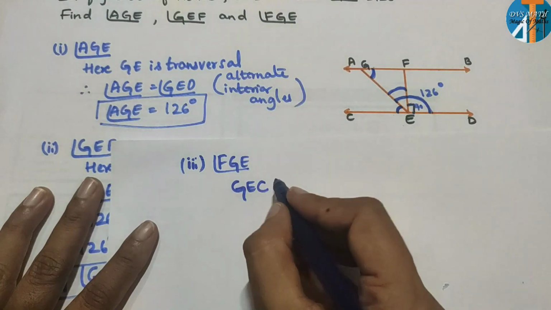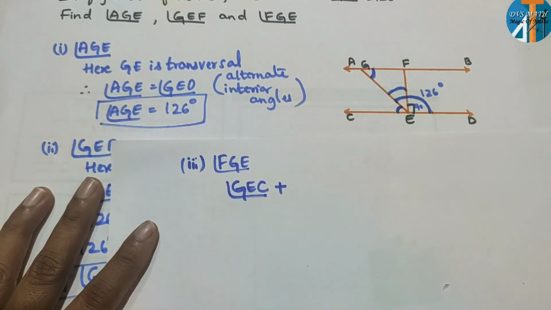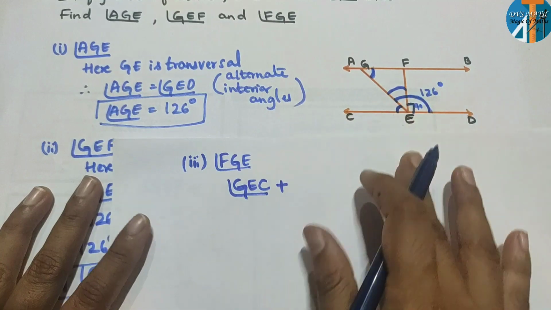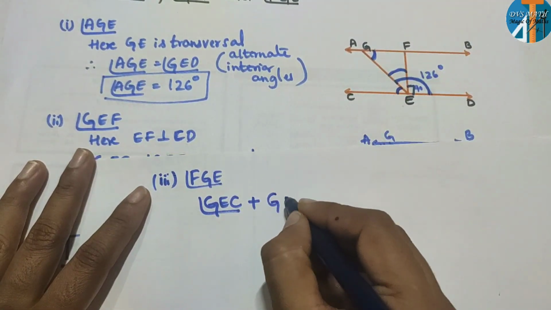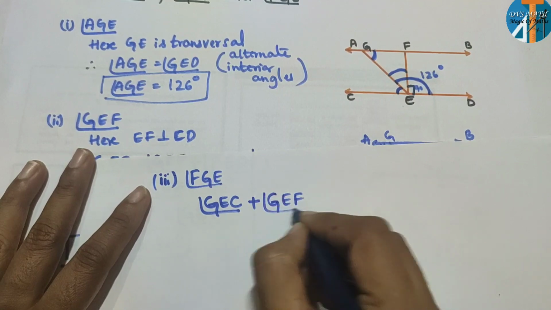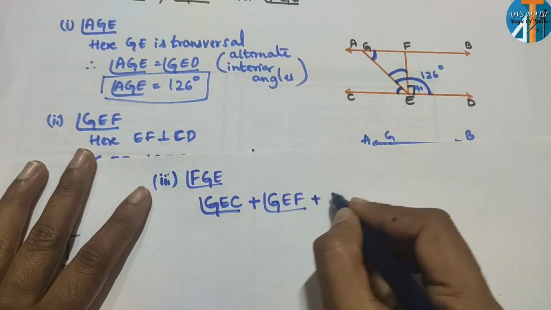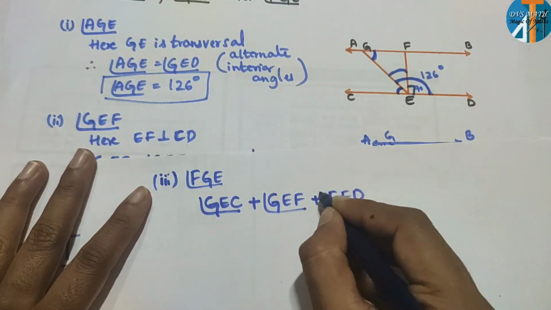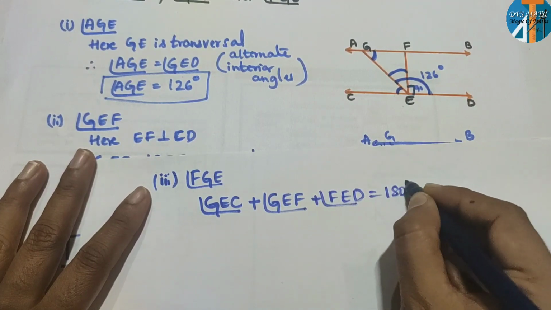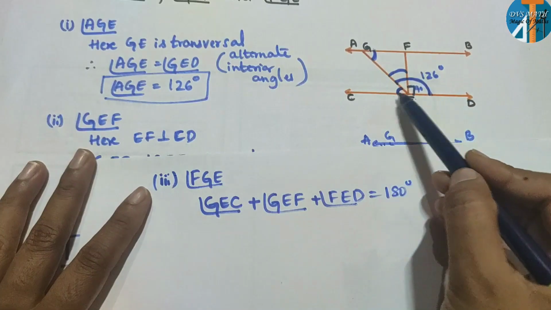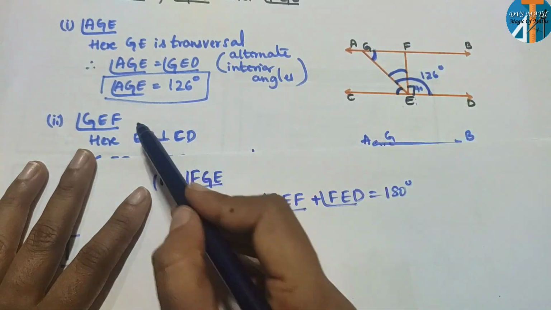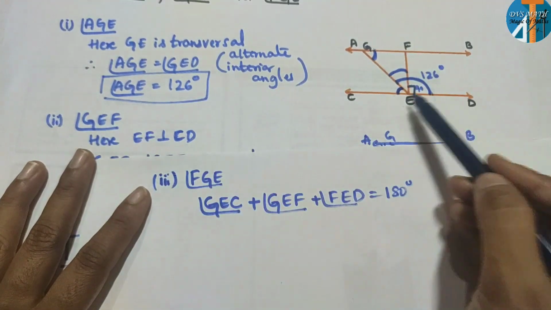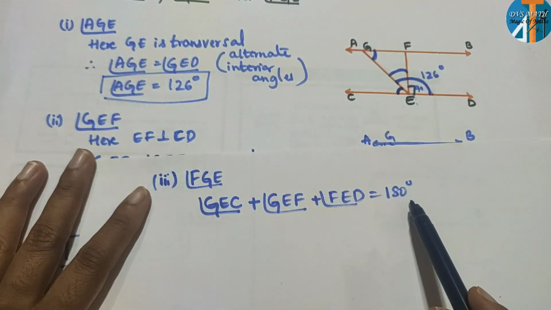Let us consider angle GEC plus what we got now, the second part, that is GEF, plus FED. If we add all these, we get 180 degrees. Again, observe: GEC is this angle, then GEF we got from the second one, then FED. If we add all these, it is equal to 180 degrees.